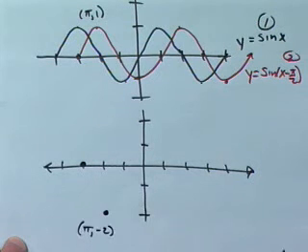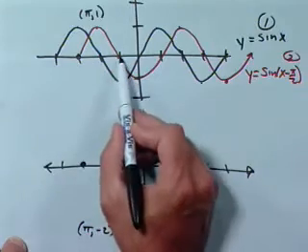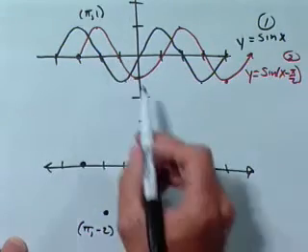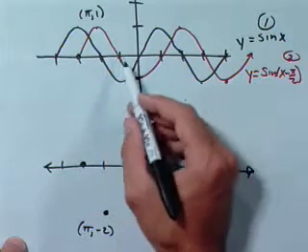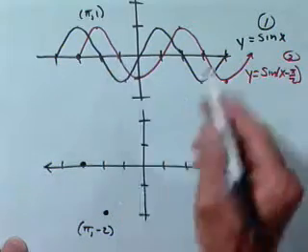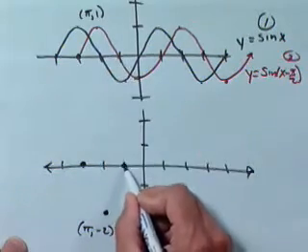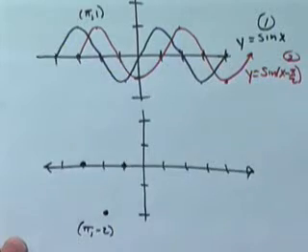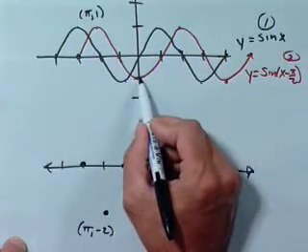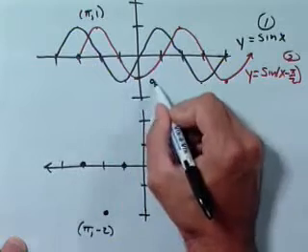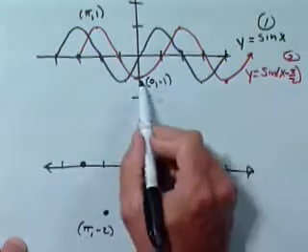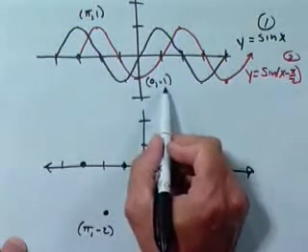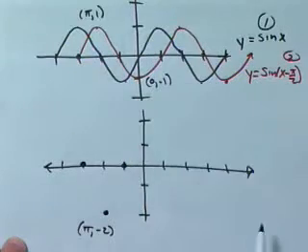So that's the game I'm going to play here. Every y value I'm going to multiply by negative 2. Here's the point (pi/2, 0). Well, (pi/2, 0) is going to stay (pi/2, 0) because 0 times negative 2 is 0. Here's the point (0, -1). So when I multiply this y value by a negative 2, I'm going to get the point (0, 2).